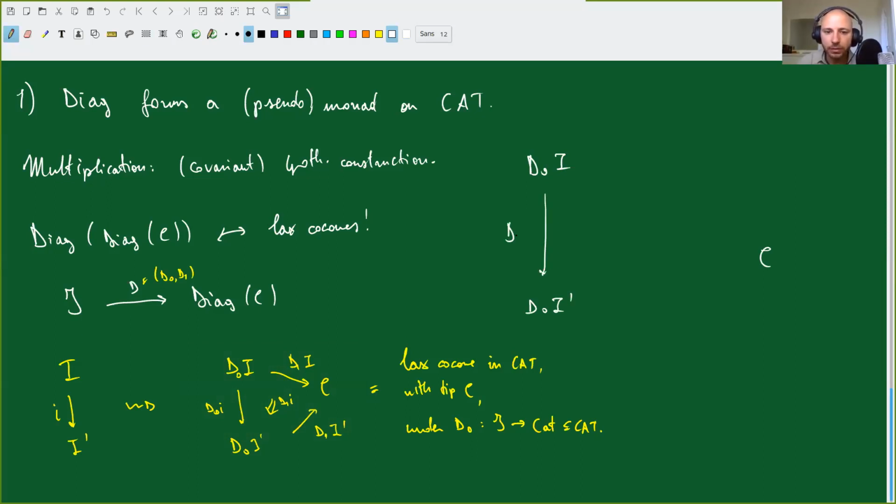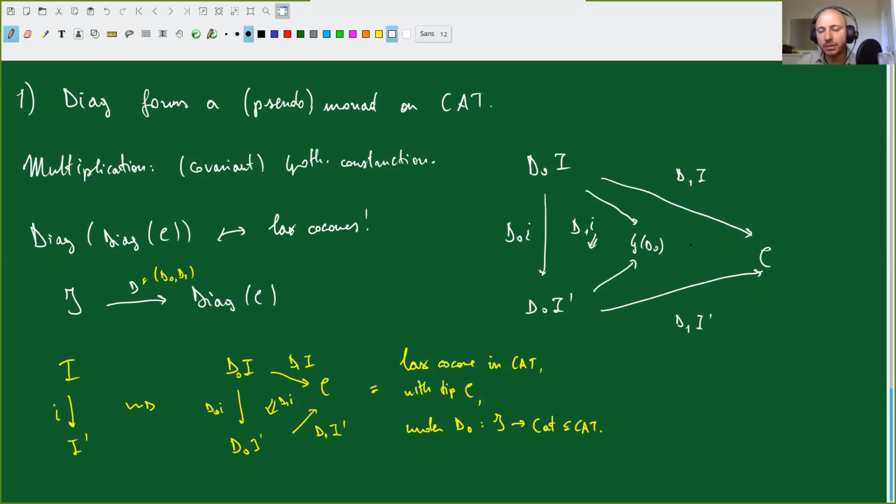If we have a lax cocone in this form, of course, imagine more objects than just two, then the Grothendieck construction, this time not op, will factor this natural transformation into this triangle where these diagrams commute.